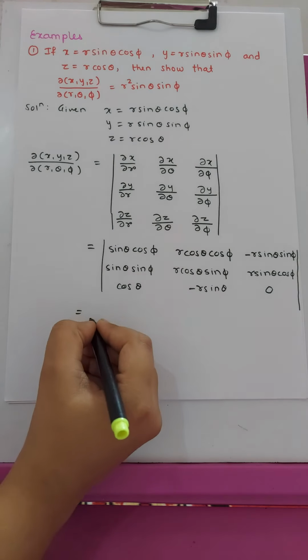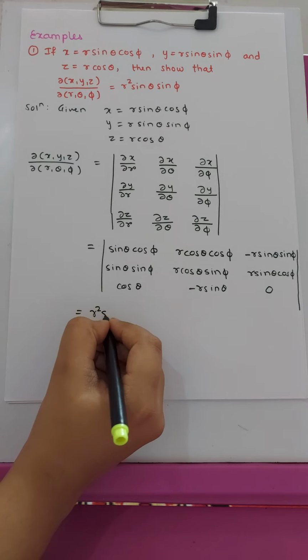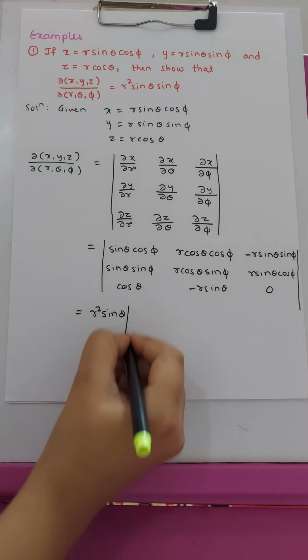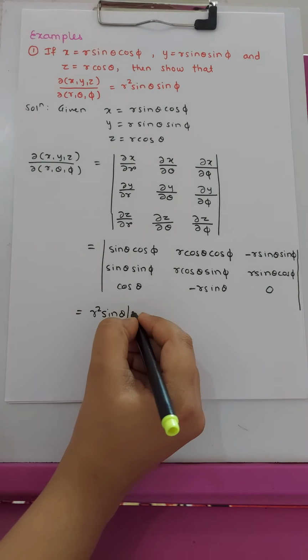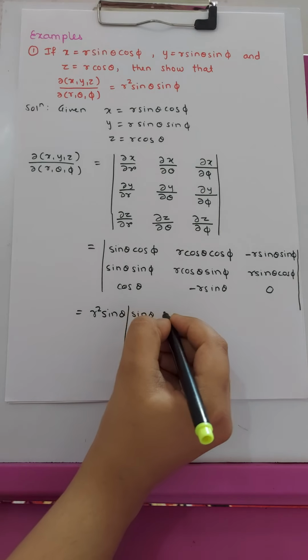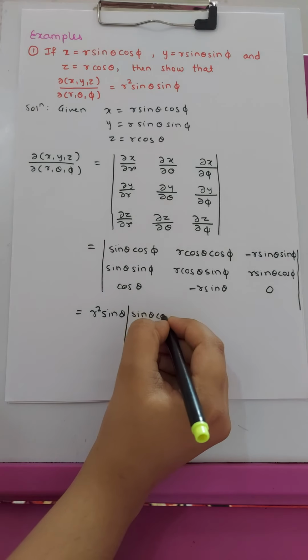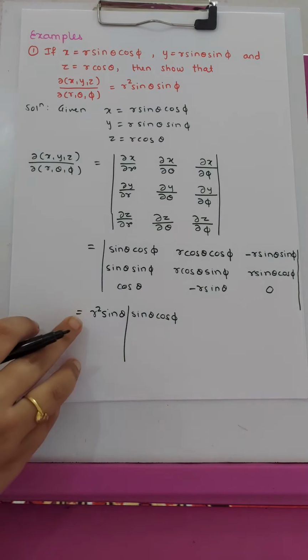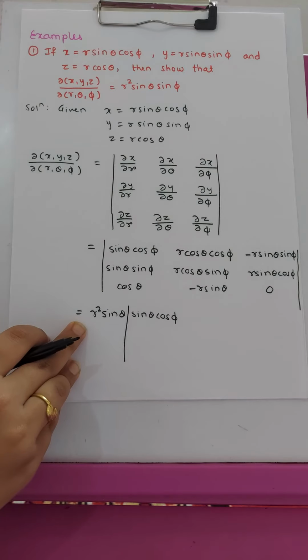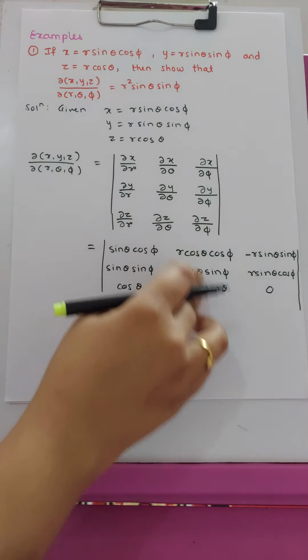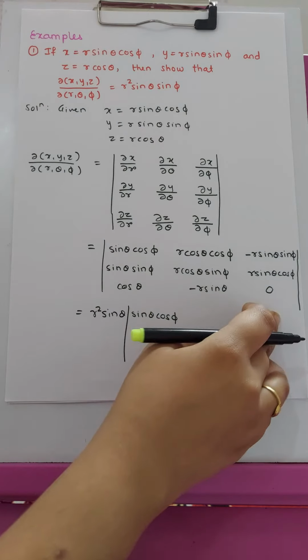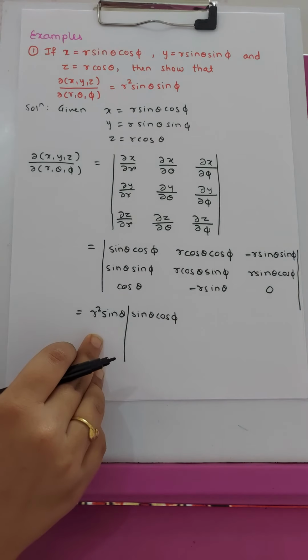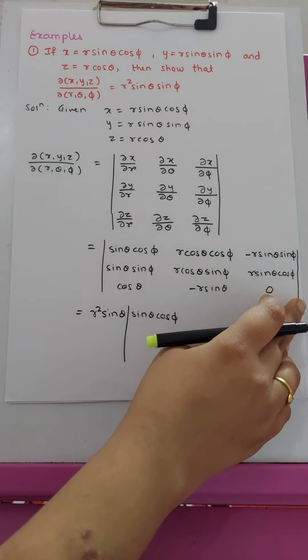So solving this determinant, r square sin theta we can take out of this determinant. We have taken r common from the second column and third column, and sin theta from the third column.